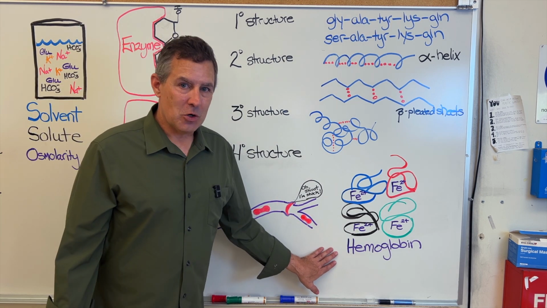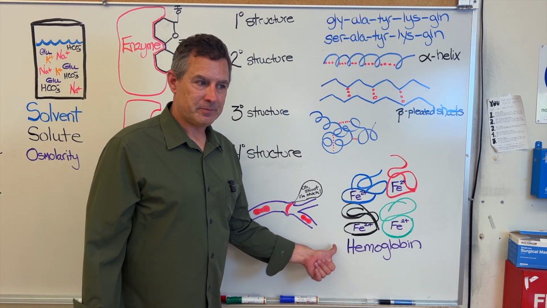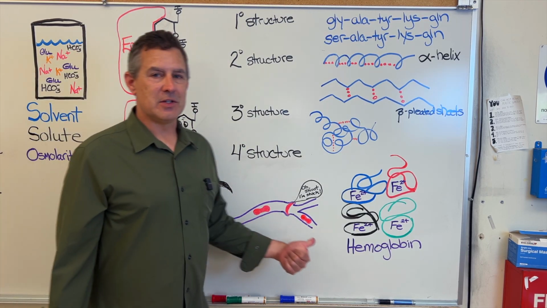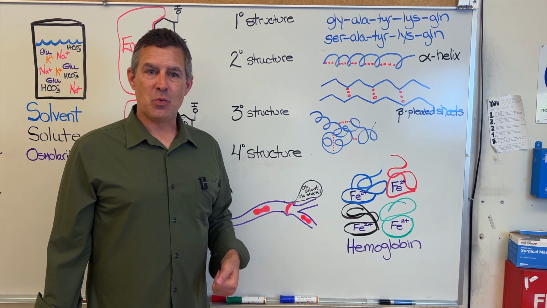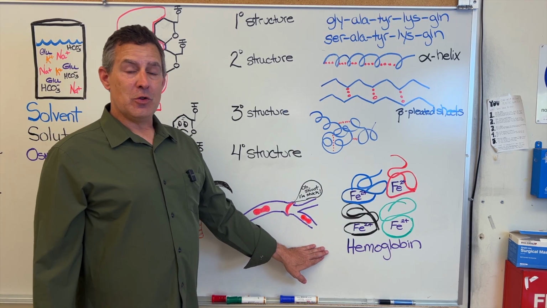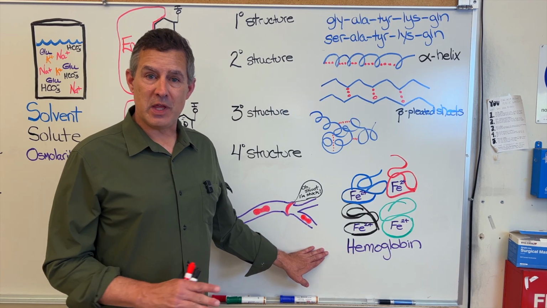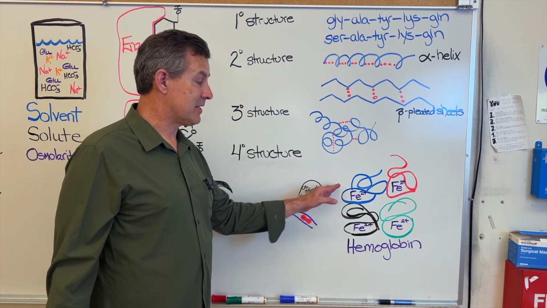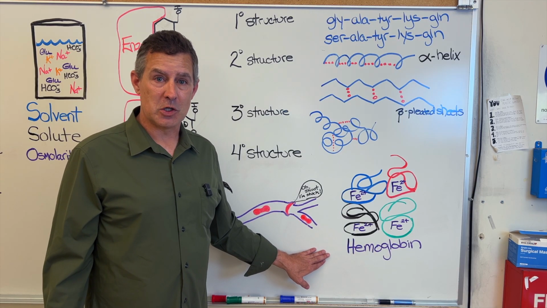Now, back to hemoglobin. Hemoglobin, like I said, delivers oxygen. And there's other things that can disrupt proteins, and that is some sort of mutation within our DNA. Within the hemoglobin molecule, there's a specific primary structure for the amino acid sequence for each of these polypeptides within this molecule.